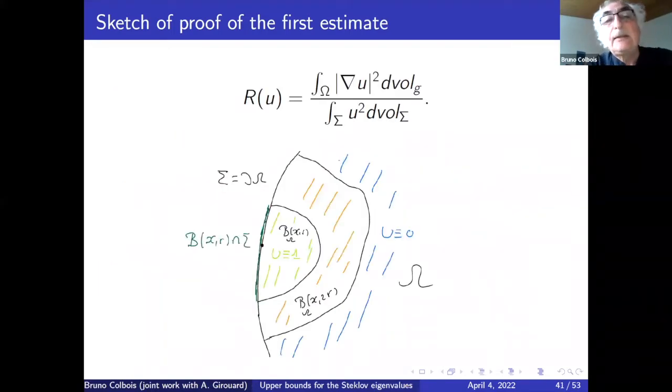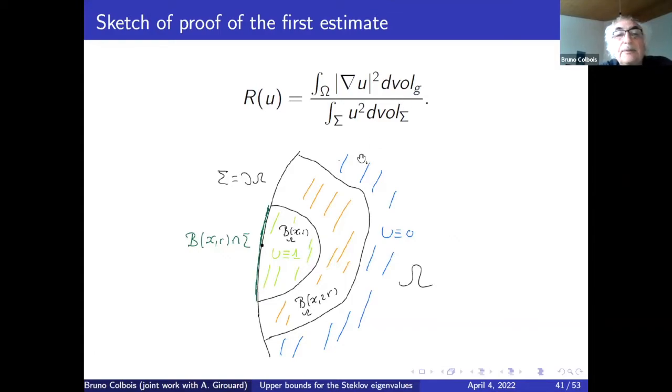And so I explain in a picture what type of function we will use. The idea is always the same. You construct the support of the function before you give the function. Here it's particularly simple in this theorem. It's a ball. We will play with balls. You take a point on the boundary, you take a ball of radius r, in green, a ball of radius 2r in orange, and in blue is what is outside this ball of radius 2r.